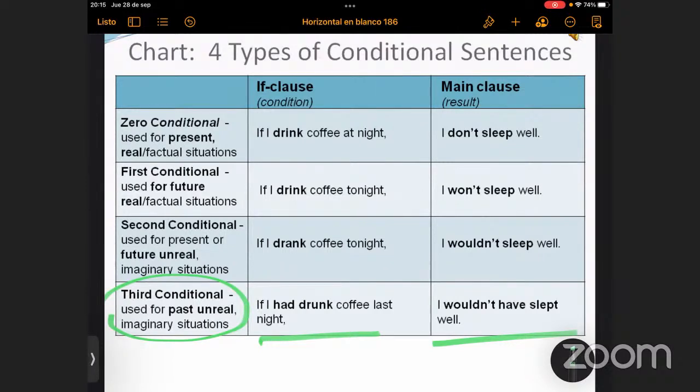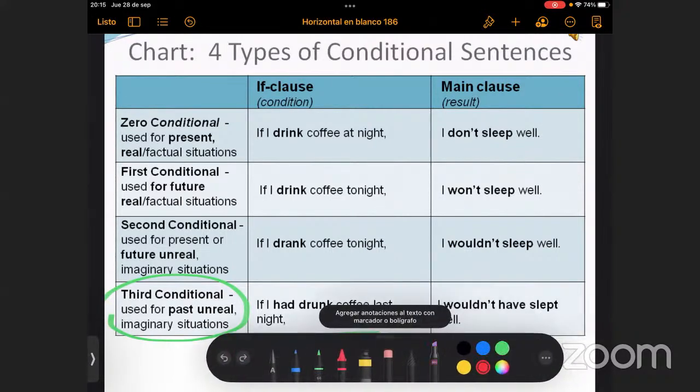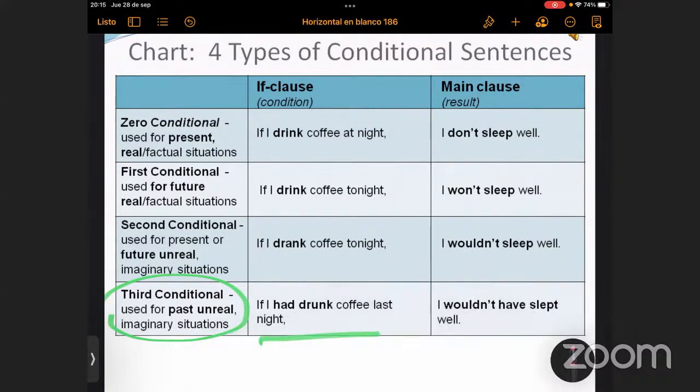Like Lionel said, we have 2 sentences in a conditional. We have the condition sentence and the result sentence. In the first one, if is a condition sentence, okay? If I had drunk coffee last night, result, I wouldn't have slept well.